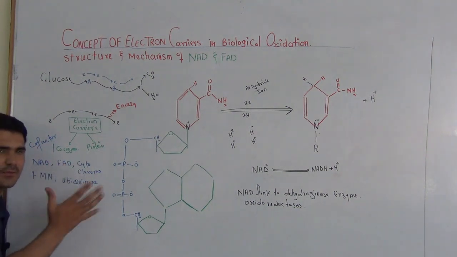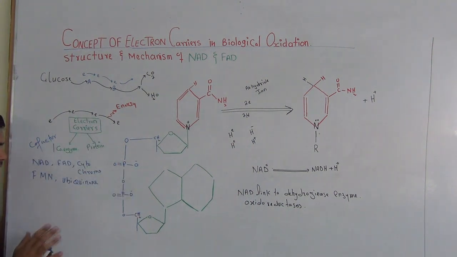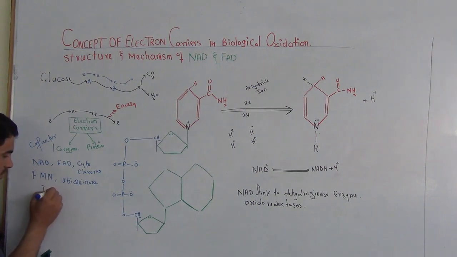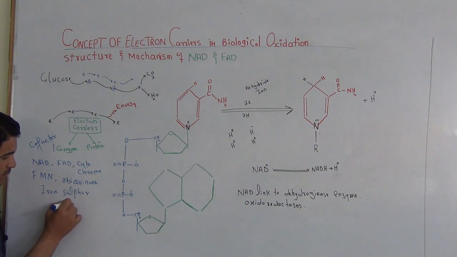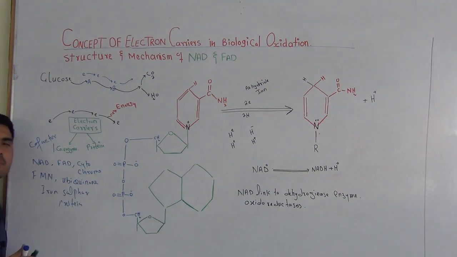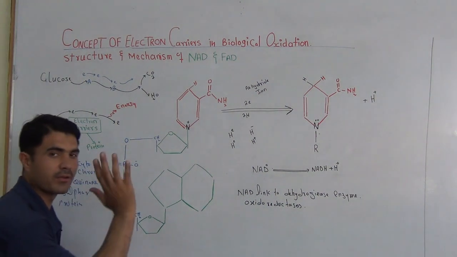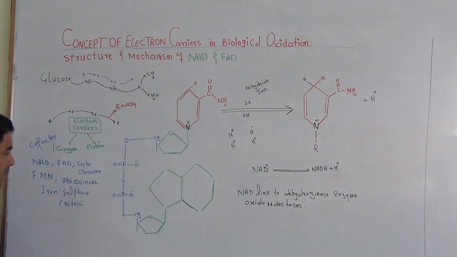All these are just a few examples of the electron carriers, right? One is iron sulfur protein. Yeah, these are just a few names of the substances that carry electrons from one place to another.